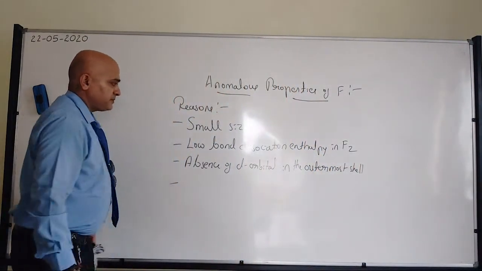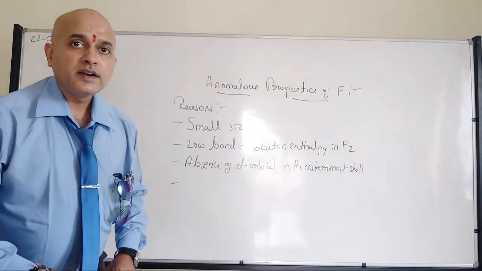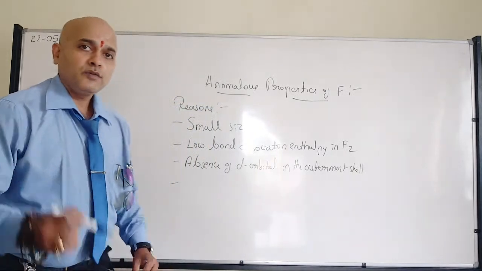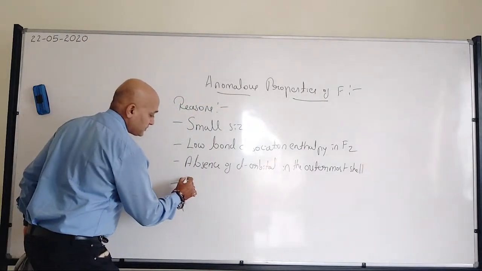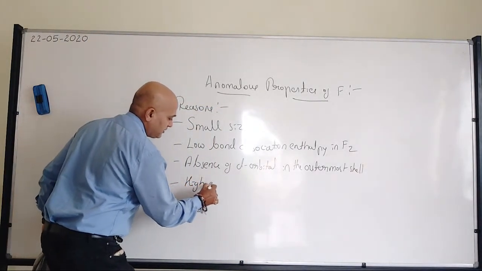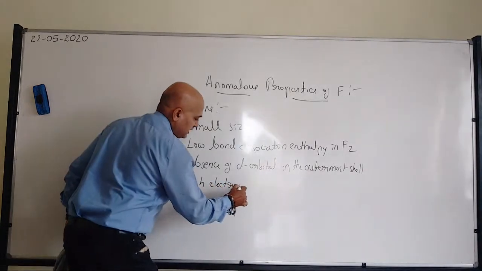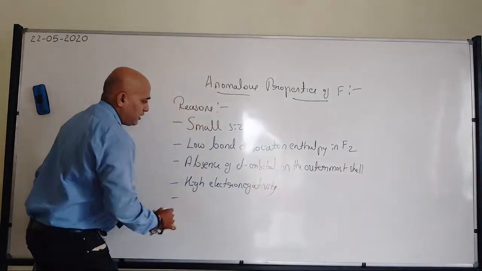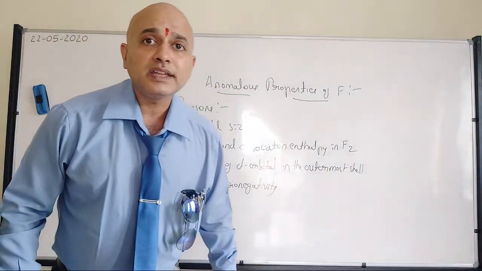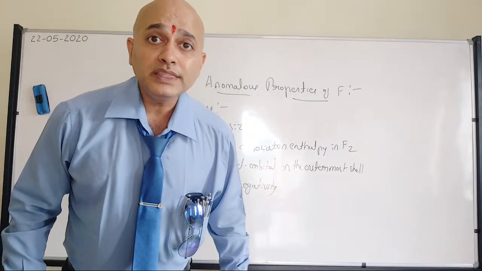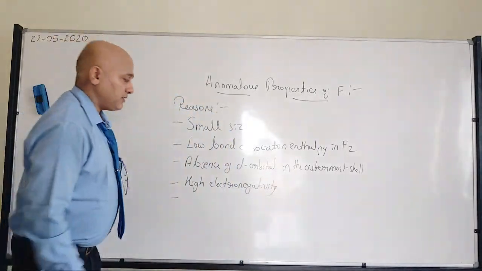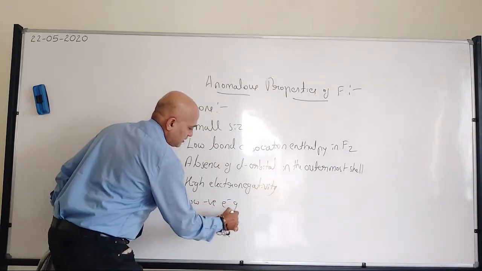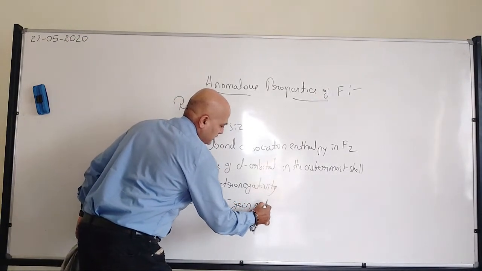Any other answer? High electronegativity. That is fine, very good. High electronegativity. Okay. Now this is not high electron gain enthalpy. It should be low negative electron gain enthalpy. Okay. So low negative electron gain enthalpy. Fine.